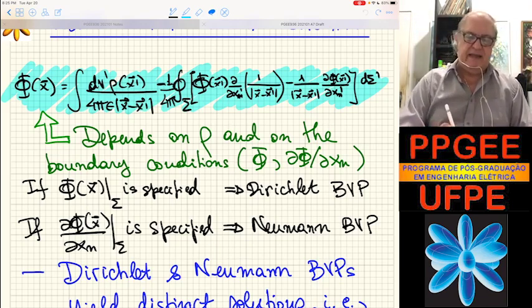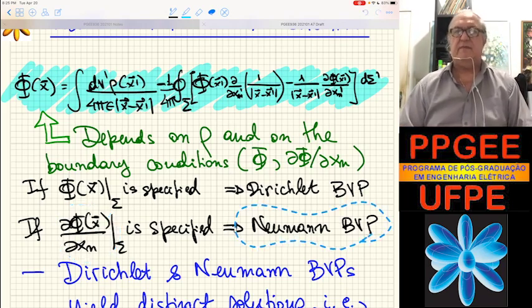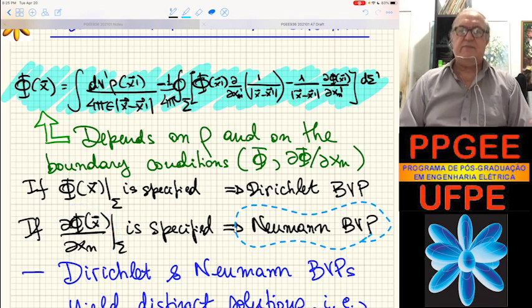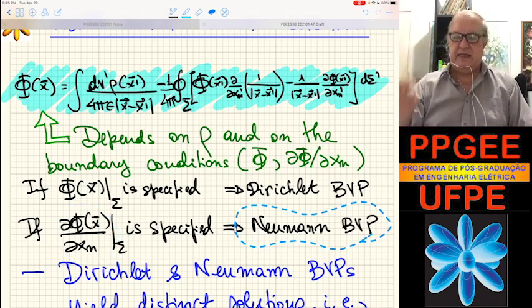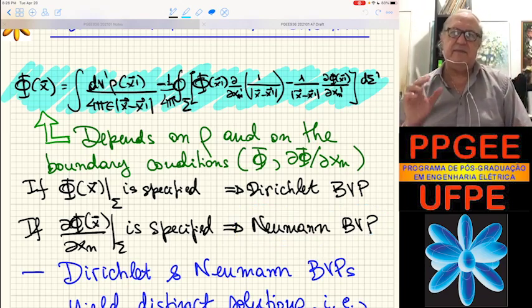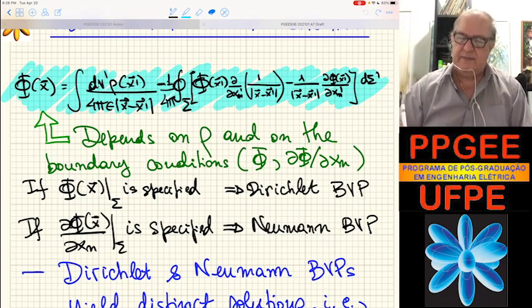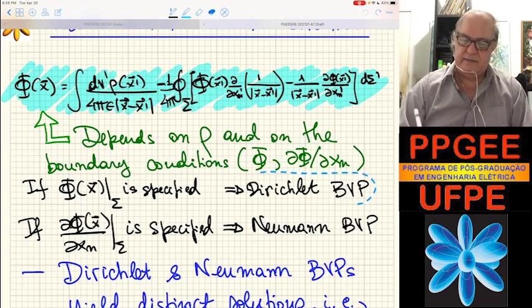If we specify the derivative, on the other hand, we have a Neumann boundary value problem. Okay? And it's important to understand that these are independent problems. If I specify potential, I have one solution. If we specify the normal derivative, I have a different solution. They are not the same.